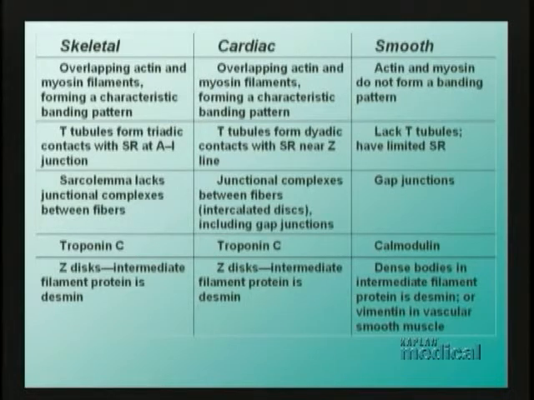Note that all three kinds of muscles have elements of an endoplasmic reticulum, a sarcoplasmic reticulum, which is associated with the movement and storage of calcium, but only skeletal and cardiac muscle have a distinct T-tubule system associated with the sarcoplasmic reticulum.